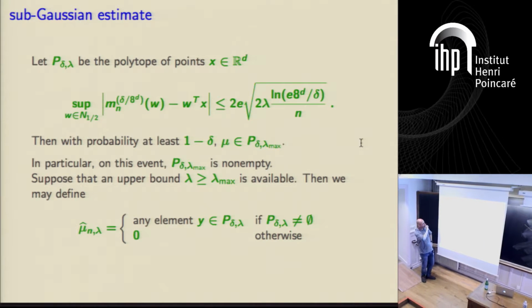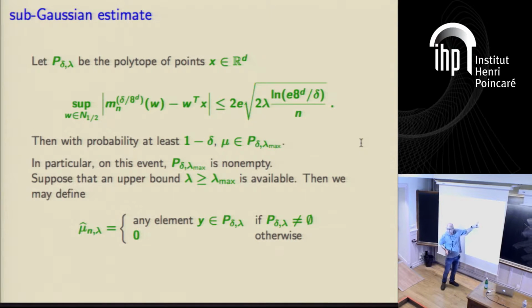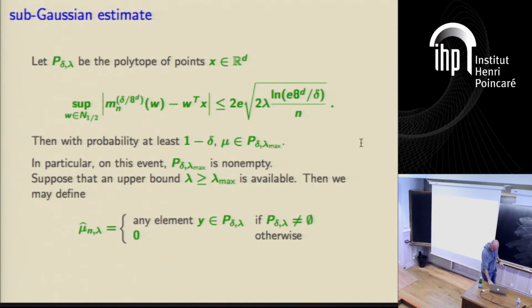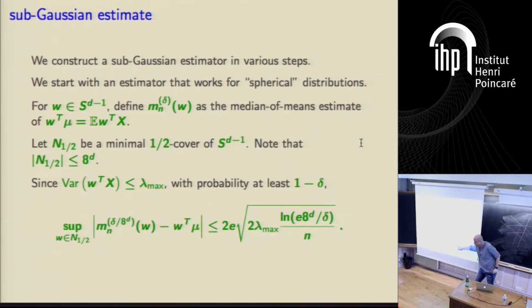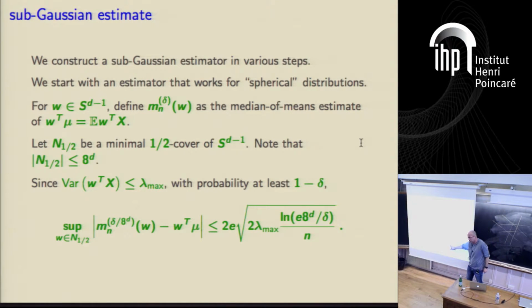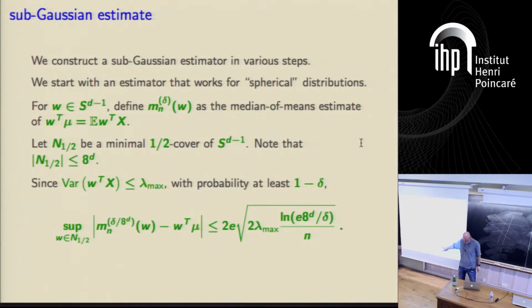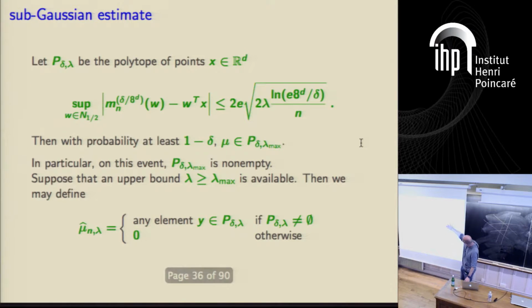There's one catch here, which is that the polytope we're really interested in depends on the largest eigenvalue of the covariance matrix. Okay, but we don't know that. So for any lambda we can calculate this polytope, but let's assume that lambda is greater than lambda max. And in that case, everything I just said is true.